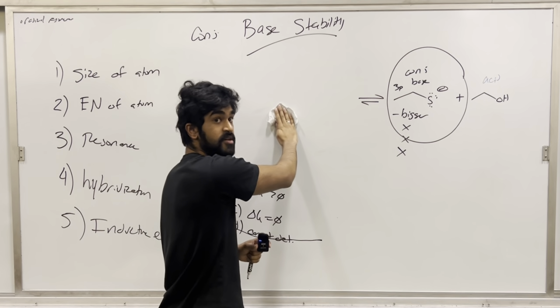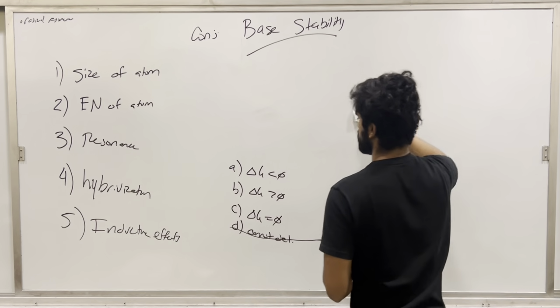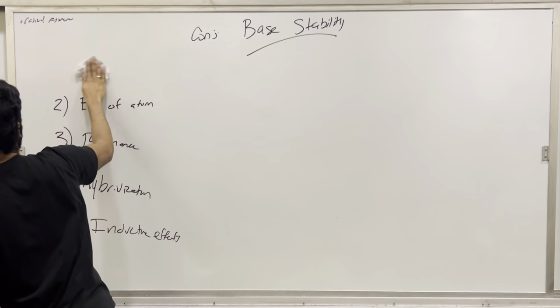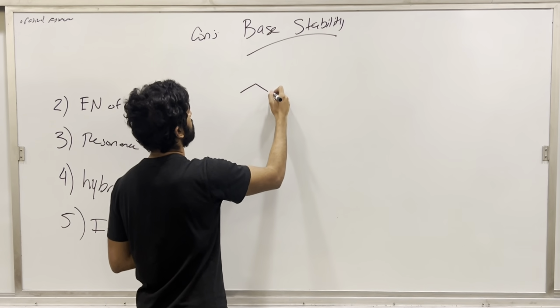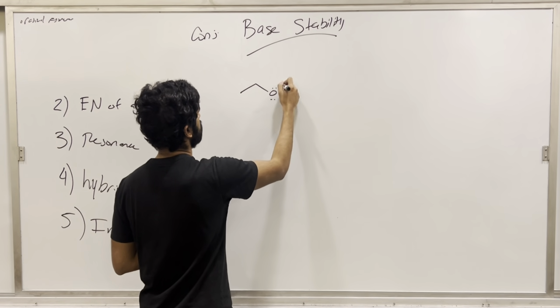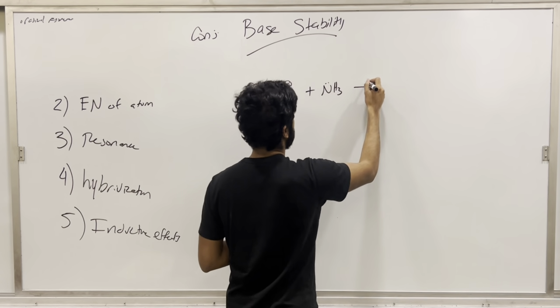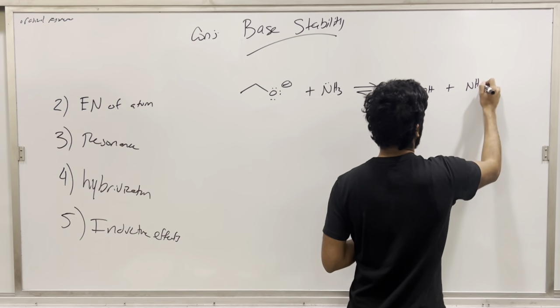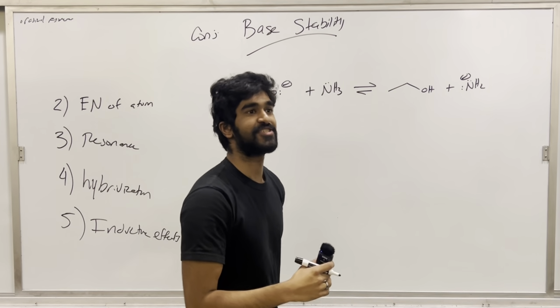So the delta G of the forward reaction is what? Negative or positive? Negative. Very good. Size. My Orgo 2 people should be screaming.